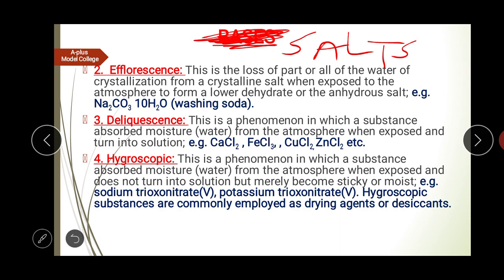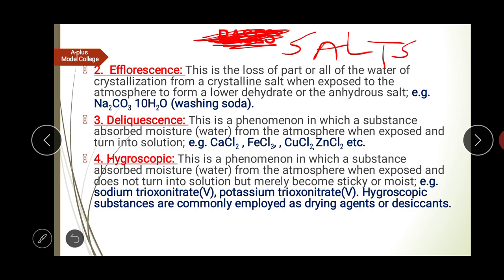Any salt that gives off part or all of its water of crystallization to the atmosphere when exposed is said to undergo efflorescence. Such a salt is an efflorescent salt. So efflorescent is the name of that salt, the adjective, while you have efflorescence as the noun.